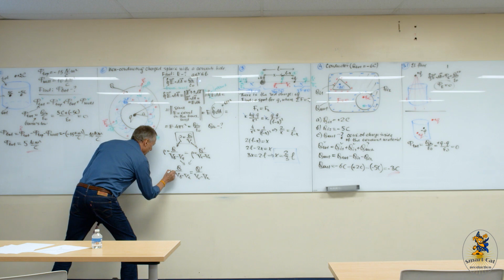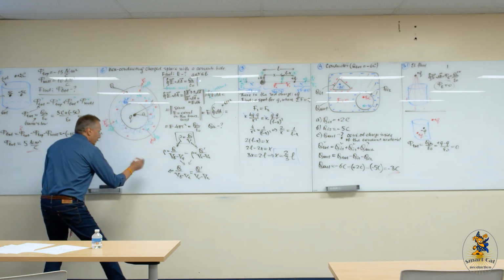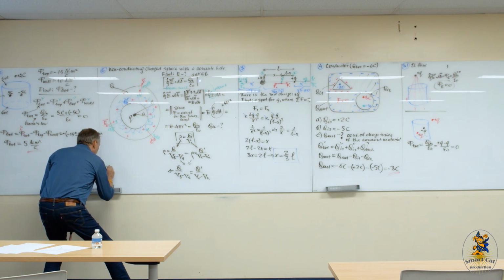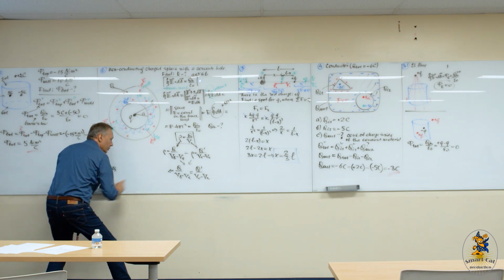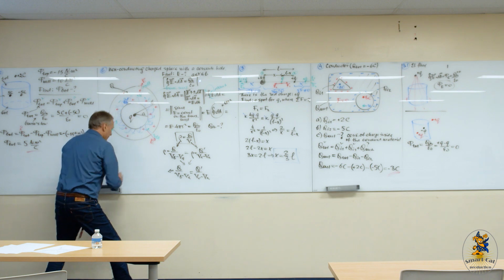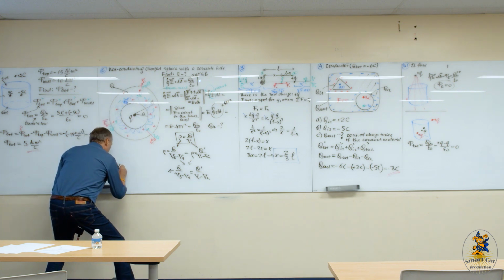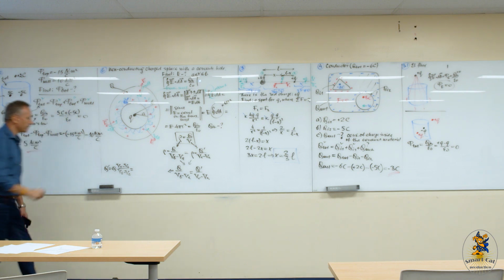Let me write it in this part. So it will be Q prime equals Q times the ratio of those differences: V_r minus V_A divided by V_B minus V_A. Every time we subtract holes.